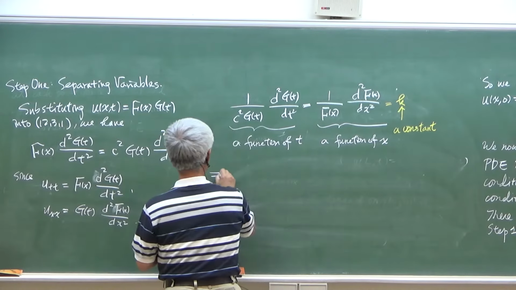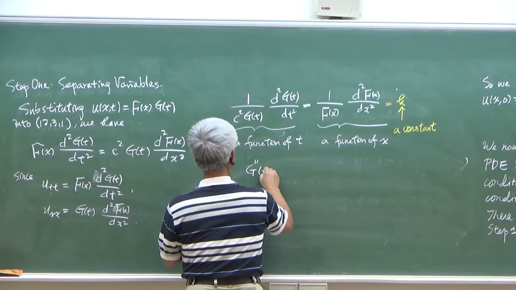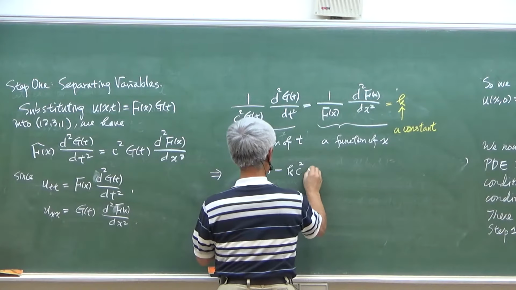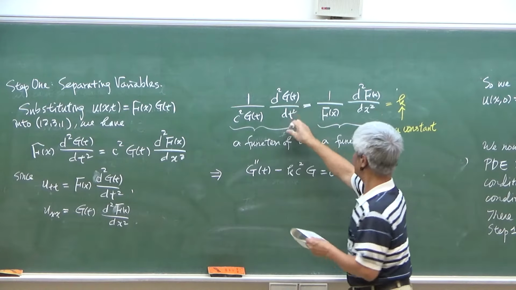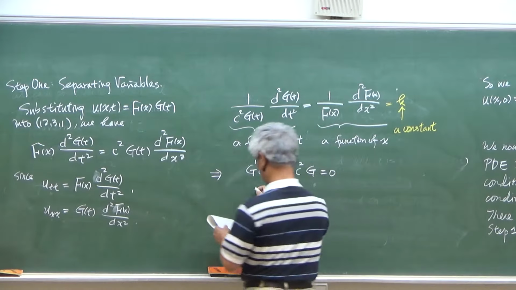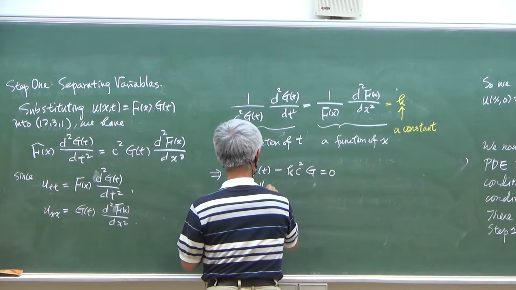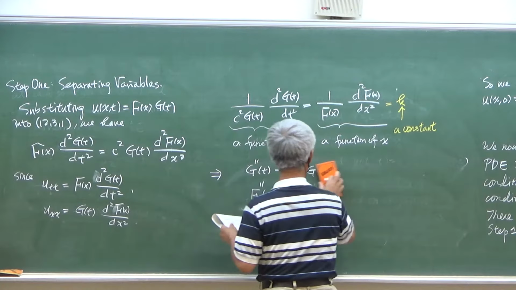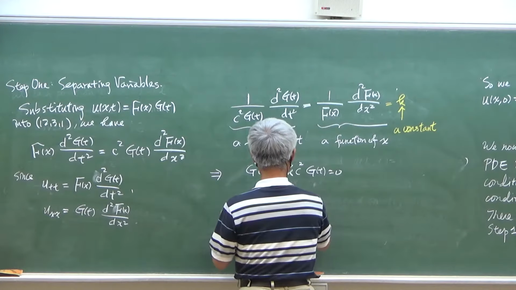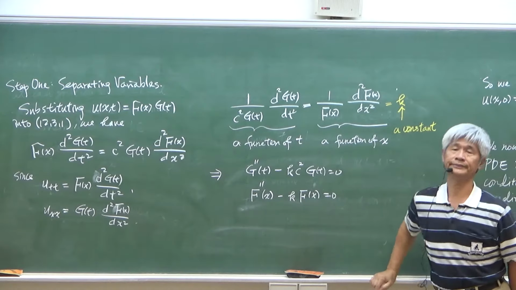All right. So now, we now have, so this one equal to k, so we have the first ODE. And the second ODE.